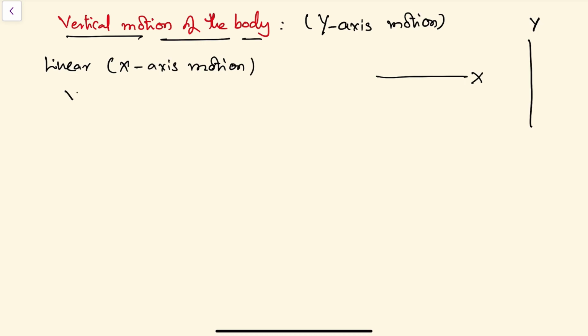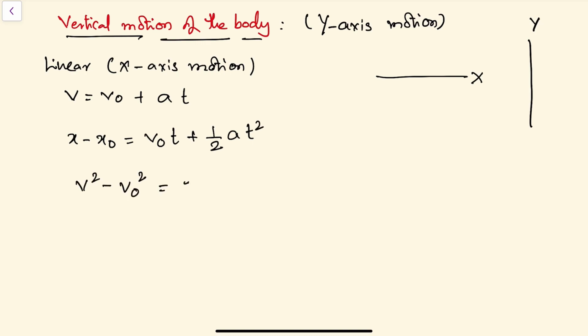How the equations v is equal to v naught plus a into t, x minus x naught is equal to v naught into t plus half a t square, and v square minus v naught square is equal to 2 a into x minus x naught.